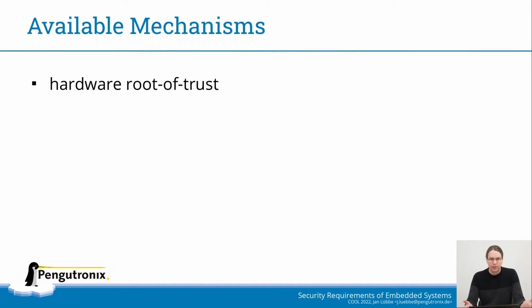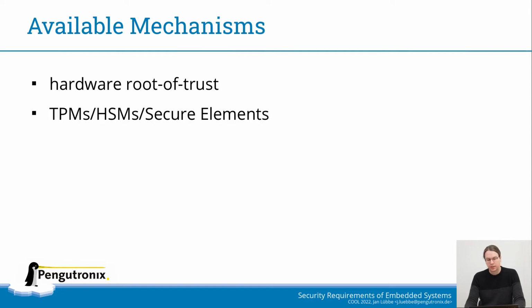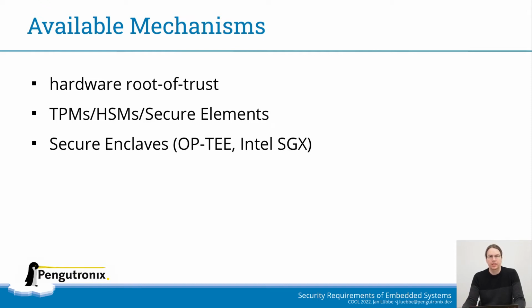Then you have hardware root of trust mechanisms in systems on a chip, so you can be sure that you're running the software you want to run. There are things like TPMs, Trusted Platform Modules, hardware security modules, or secure elements that all provide different mechanisms to protect your data or protect keys.